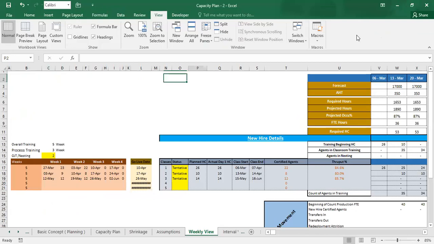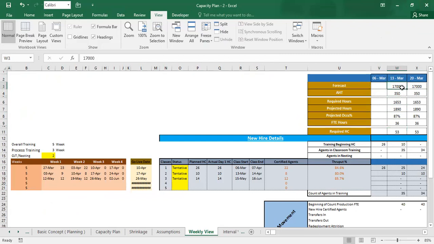So same as we have discussed, I've taken the forecast, AST, the required hours, projected hours, occupancy, FTE hours, and the required headcount.